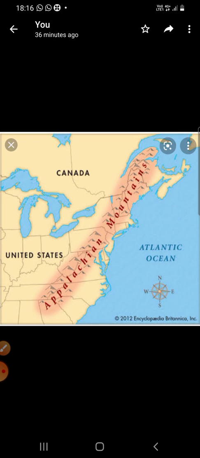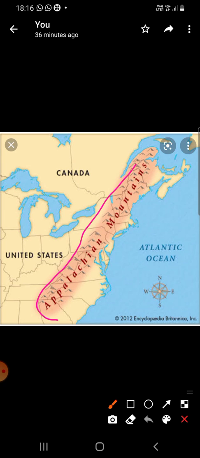Let me tell you about the Eastern Highlands or the Appalachian Highlands. The Eastern Highlands are also known as the Appalachian Mountains. They extend from Newfoundland to Alabama along the eastern margin of the continent.